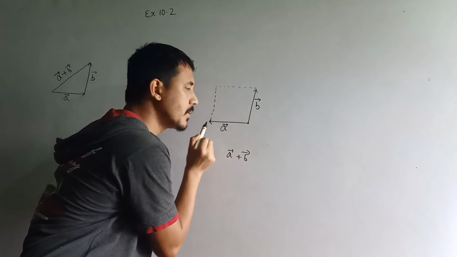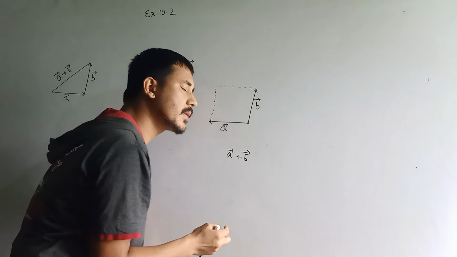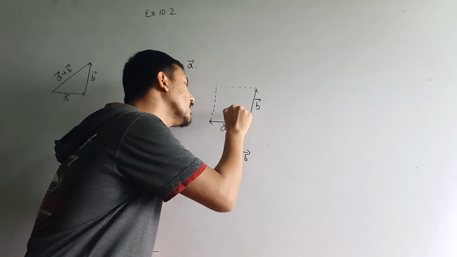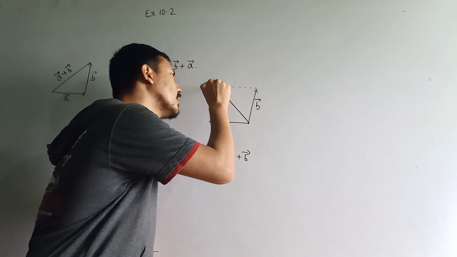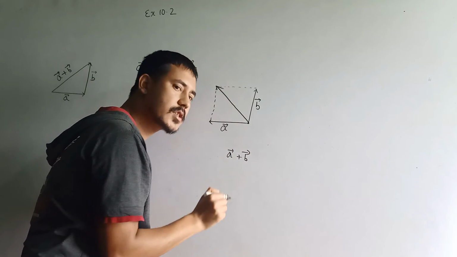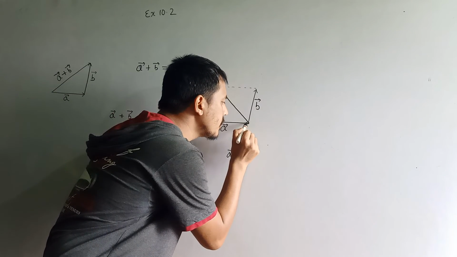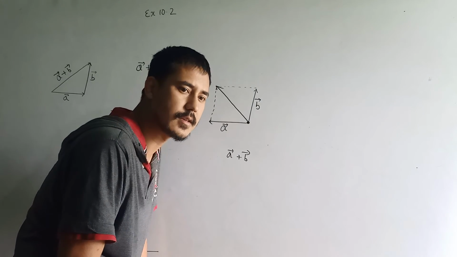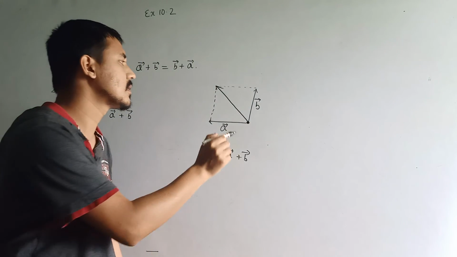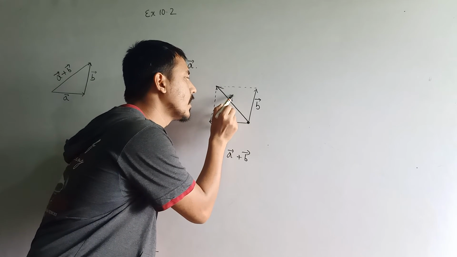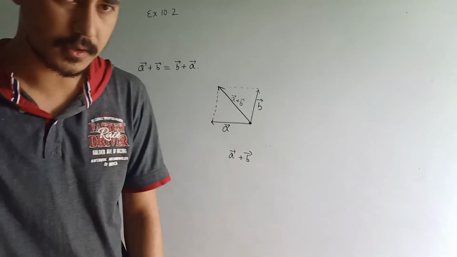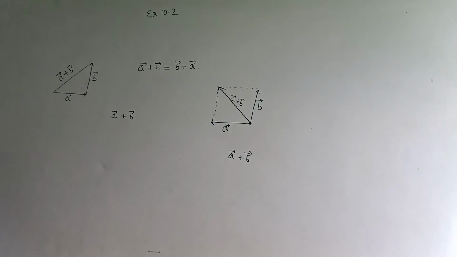So your parallelogram is completed now. Then their sum, vector A plus vector B, is given by the diagonal of the parallelogram in magnitude and direction drawn from the same initial point. So this vector will be vector A plus vector B. That is what you need to know here.